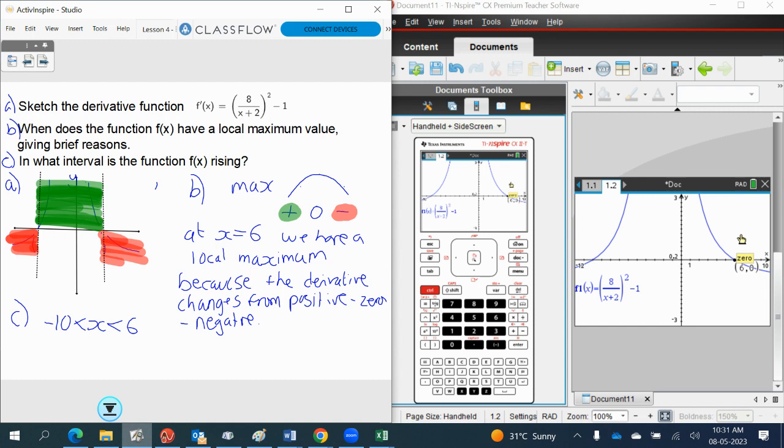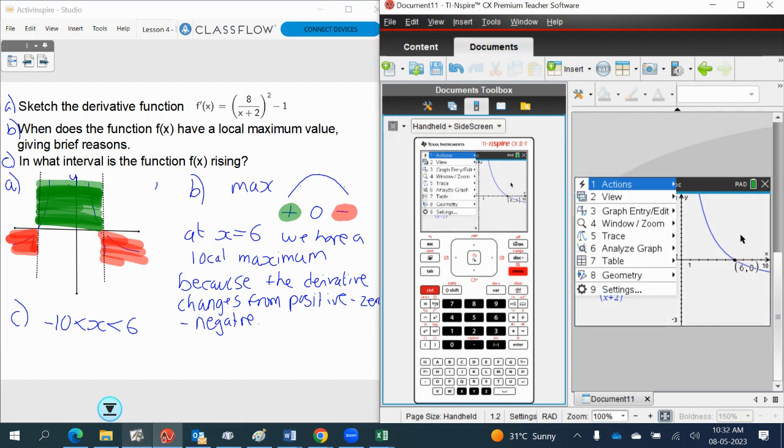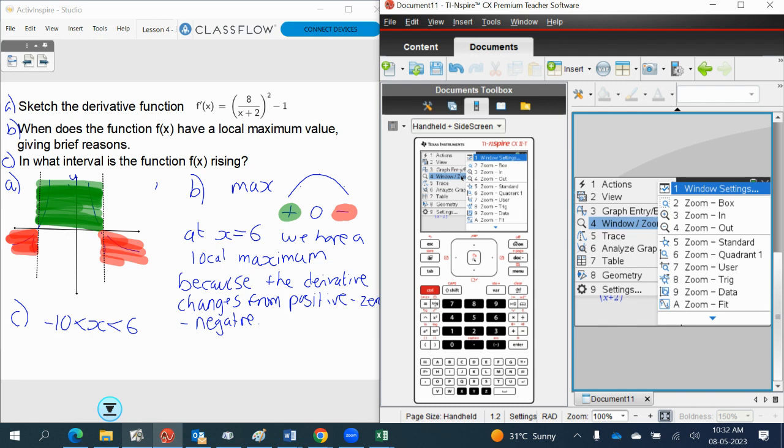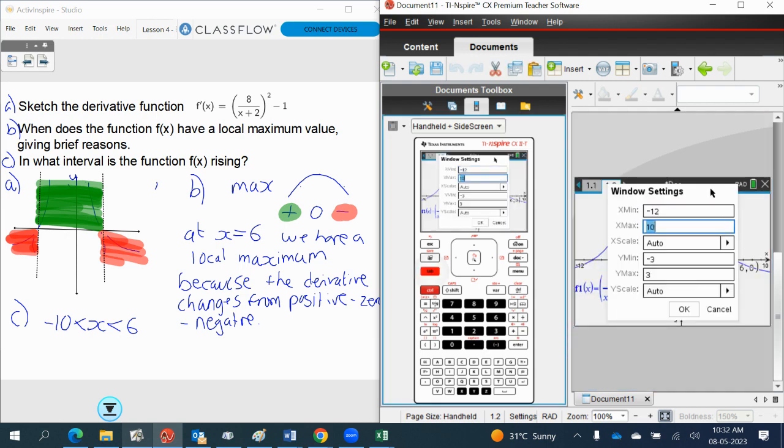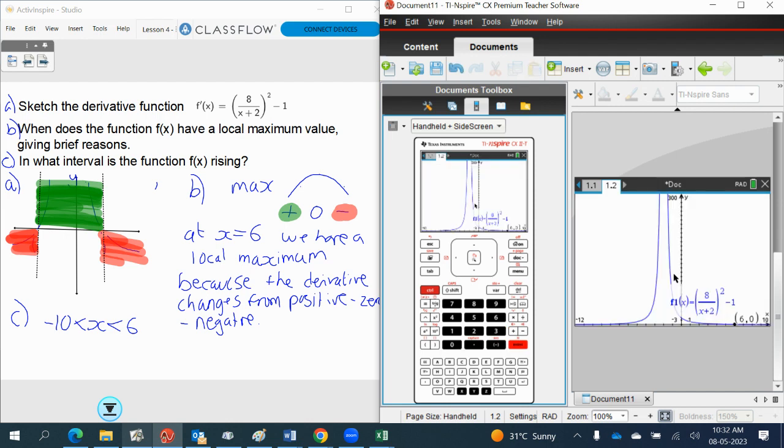When the function goes up like that, it has a vertical asymptote. So if I do the window settings now, and I let the y values go up to 300, minus 3, tab 300. Look, it's going up to a point. It's going up to a vertical asymptote.